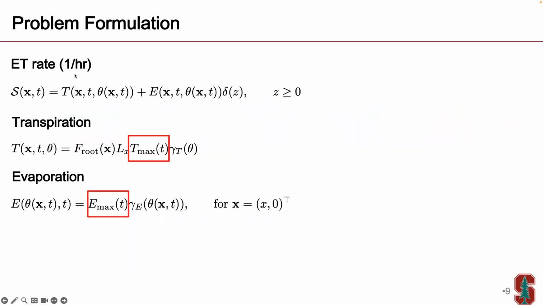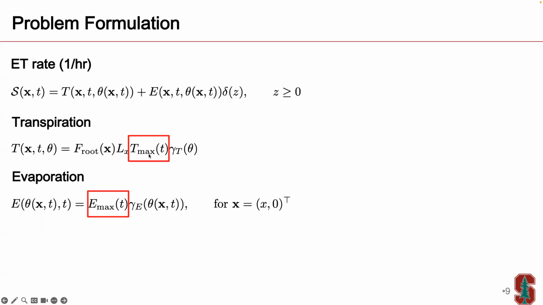And the evapotranspiration rate that we want to estimate consists of the transpiration rate and the evaporation rate. They are given by these two canonical forms, and F root here is the root density function, and gamma T and gamma E are the root uptake water stress response function and the evaporation reduction factor.